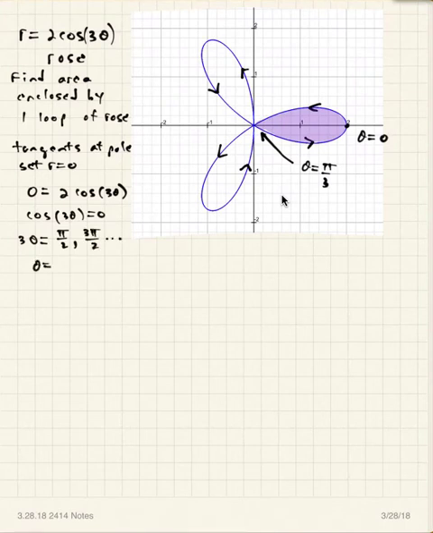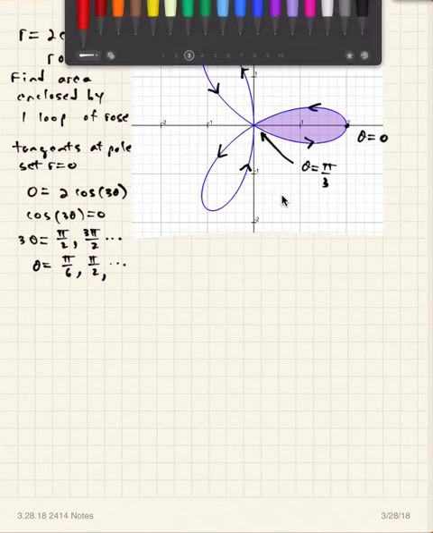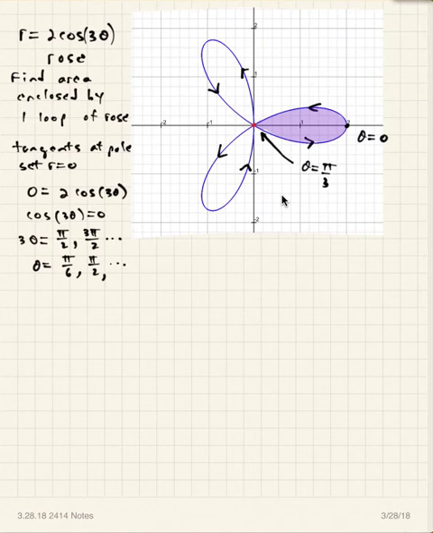So that would be 3 theta, and so theta would be pi over 6, and then pi over 2, and so on. So what ends up happening here is you get a tangent at the pole on my curve. It's a tangent line that passes through the pole right here, and that is at theta equals pi over 6. And actually, the symmetric tangent at the pole is at theta equals negative pi over 6.